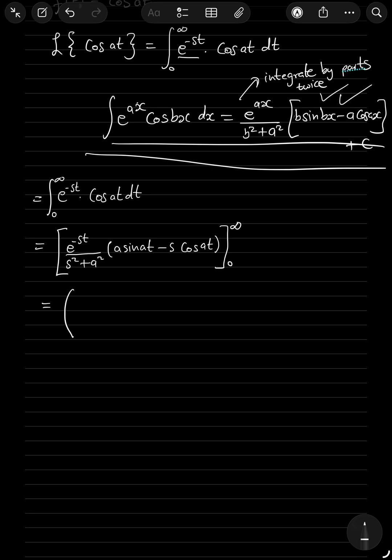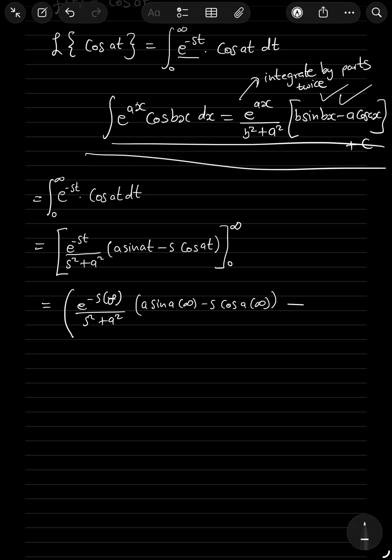So your first substitution is going to be e to the minus s infinity over s squared plus a squared, times a sine a infinity minus s cos a infinity.